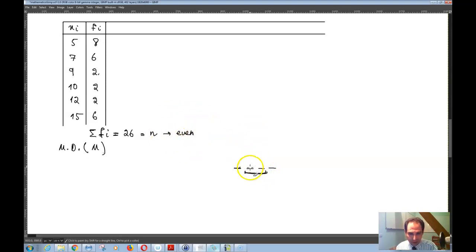So in such cases, you need to take this observation and this observation, which you can find, as we discussed before, by the n divided by 2th observation and the n divided by 2 plus 1th observation, and then take the average of these two observations, which becomes the median.